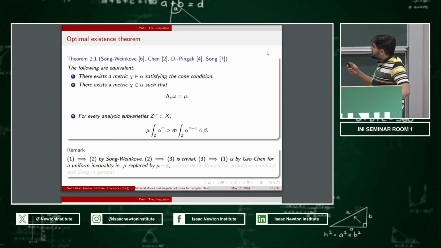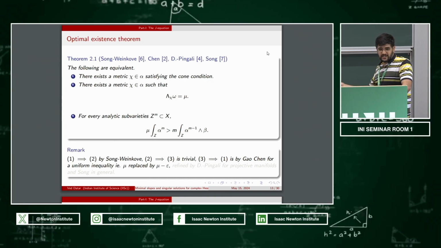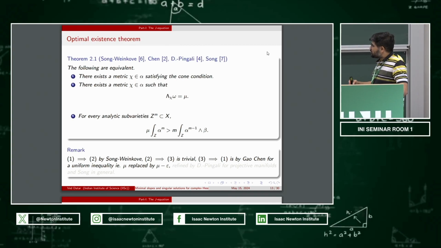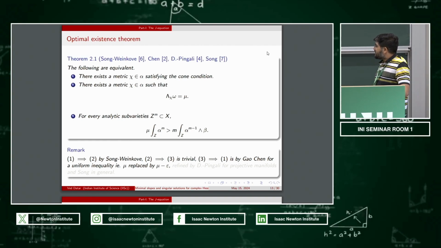The crucial part is 3 implies 1, and this was a conjecture due to Lejmi and Székelyhidi, which was finally solved by Chen. Although Chen didn't quite solve their conjecture, he obtained a sort of uniform version of their conjecture, which just means that you replace this mu by some mu minus epsilon, right?